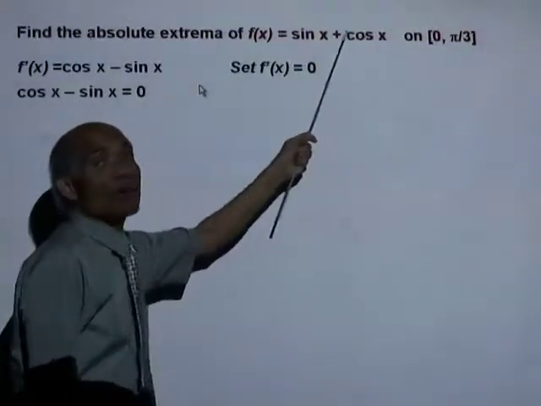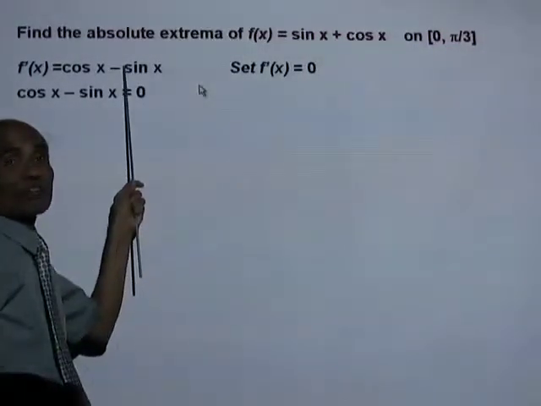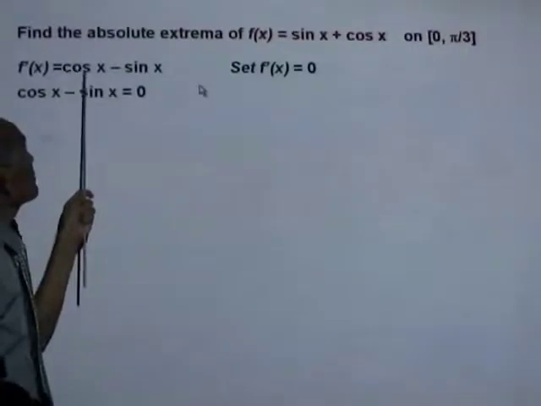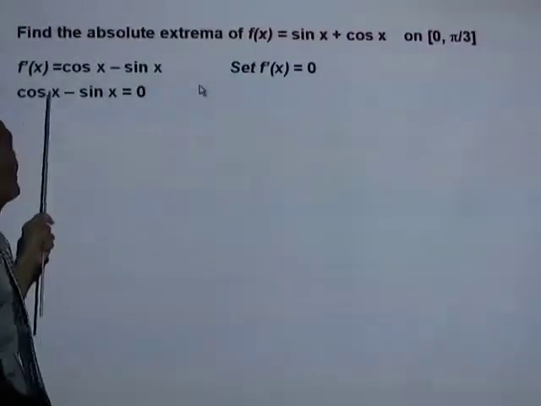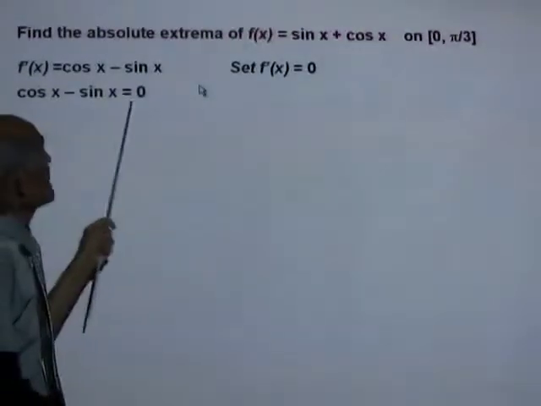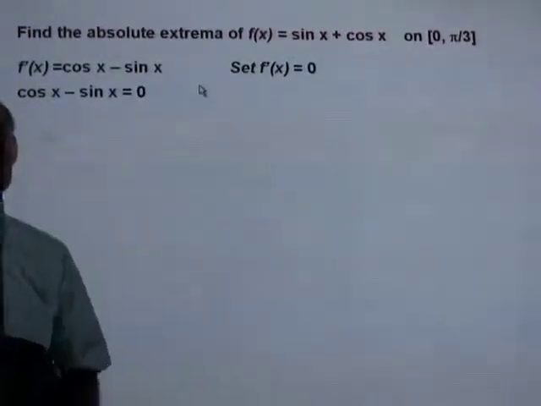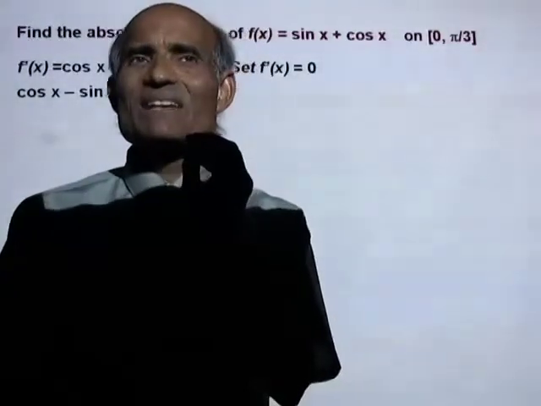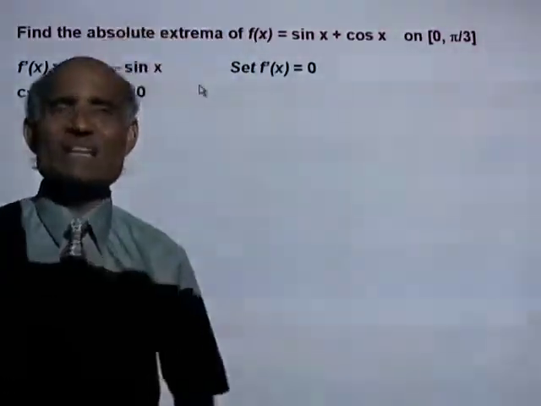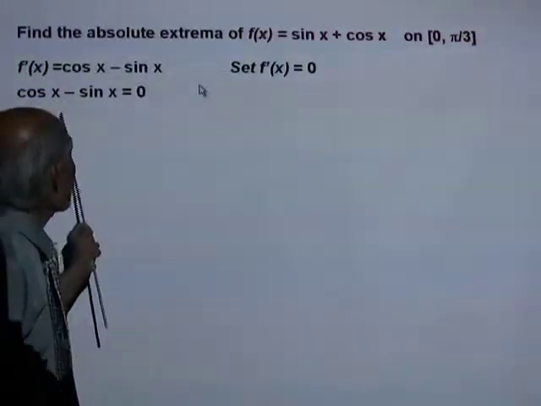The derivative of cos x is minus sine x. So f prime x is cos x minus sine x. Set that equal to 0. I'll give you cos x minus sine x equal to 0. All right. Can you stop the video for a second and solve that equation? So cos x minus sine x equal to 0.